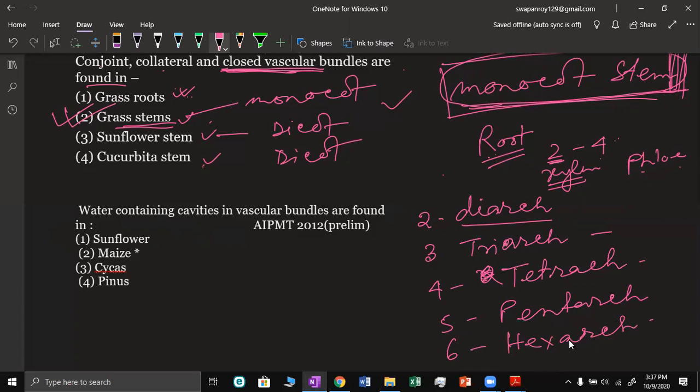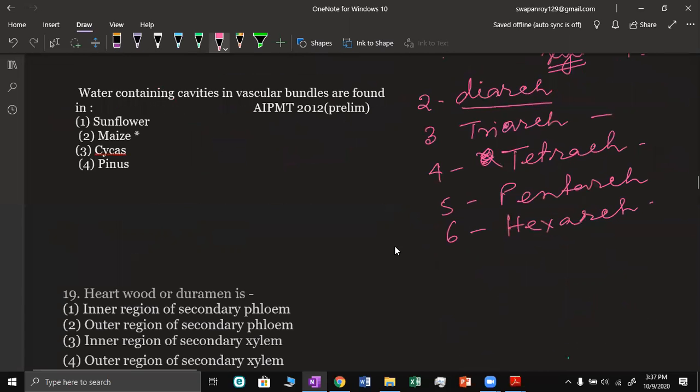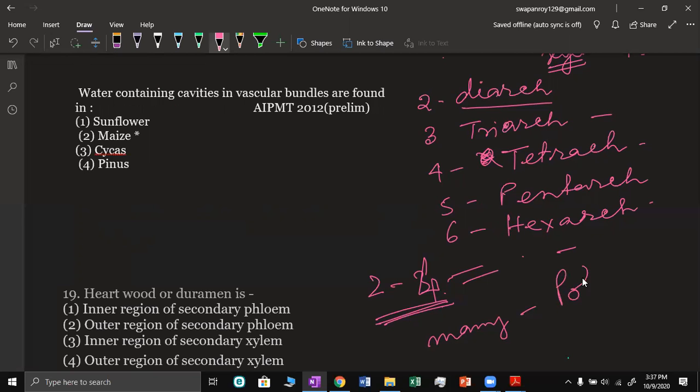Usually 2 to 4 are called diarch, triarch or tetrarch. But when there are many xylem and phloem bundles, we call it polyarch.